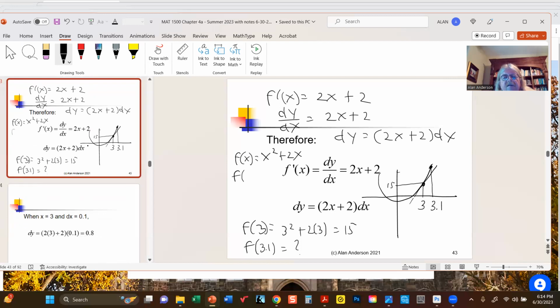That implies that f of 3.1 is 3.1 squared plus 2 times 3.1, and that gives us 15.81 exactly.